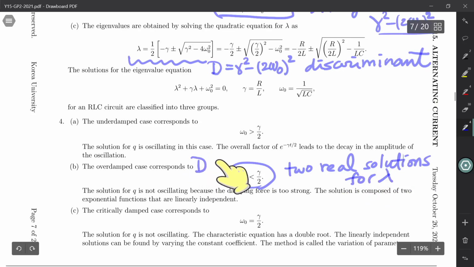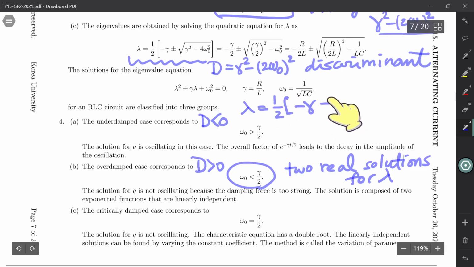So D is positive. In case D is negative, then we have lambda equals minus gamma plus minus i square root of 4 omega 0 squared minus gamma squared.